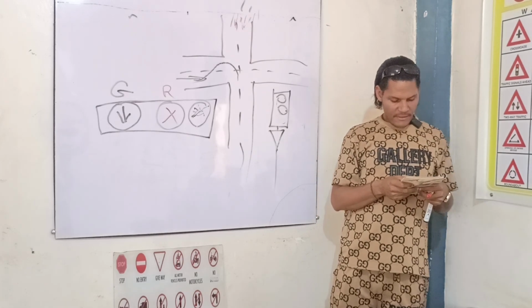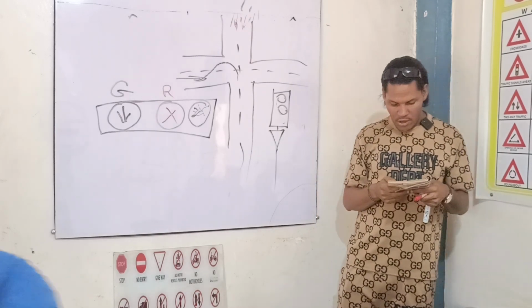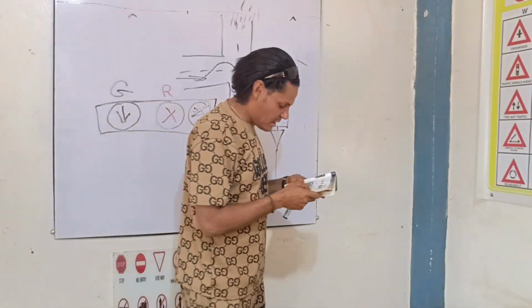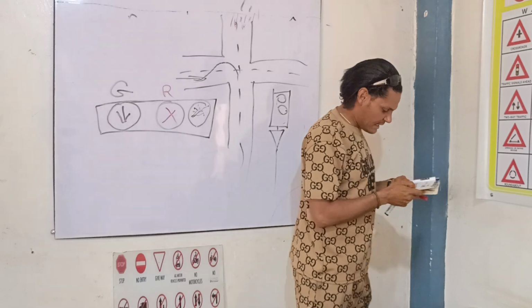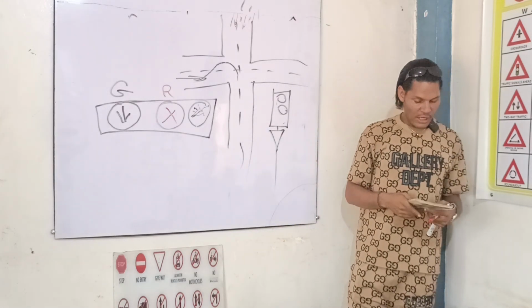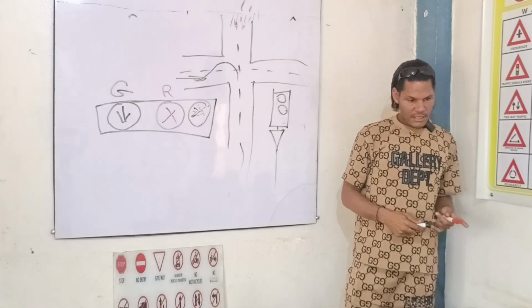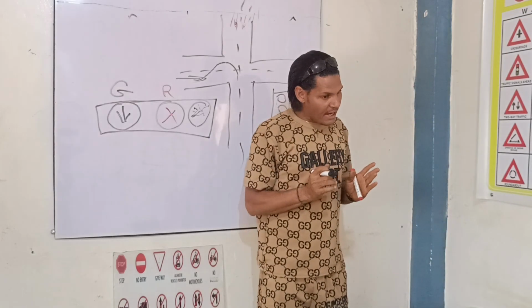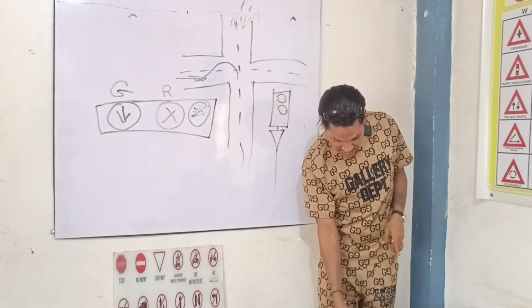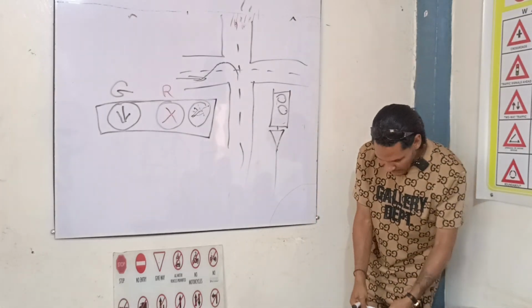Category lights. Some lights only concern one category of user, such as bicycles, buses, etc. Do you understand what I say? The light itself will light up and show green. For example, here it's green now.